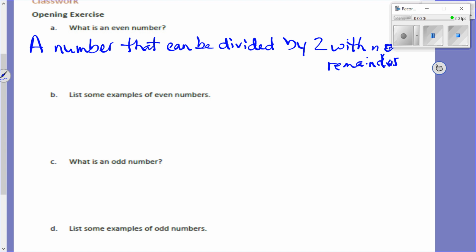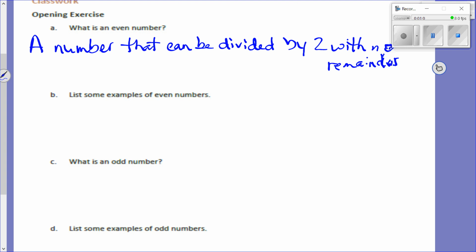The second part is, there's really a second part to the even number. How do I know just looking at a number that it's even? What do you think, Arthur? Just looking at the number, how do I know that it's even? Paul? You have a 0, 2, 4, 6, 8.